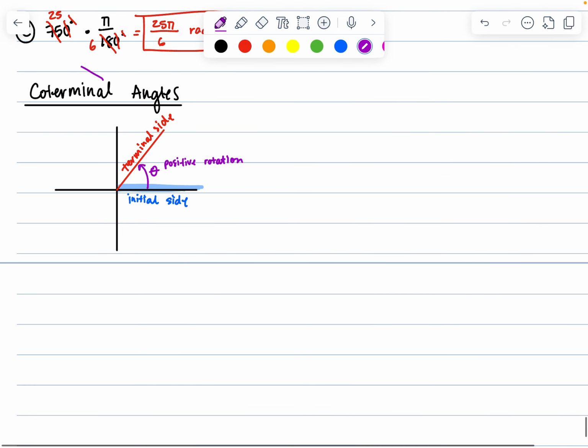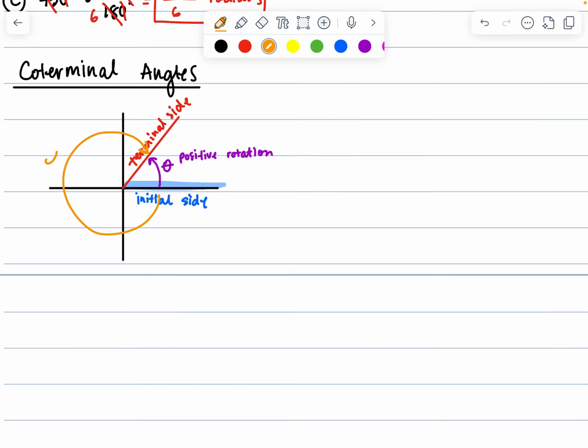However, a coterminal angle means an angle that lands in the exact same position as another angle. So if I took, for instance, the negative rotation around, and I call this angle alpha, then alpha and theta in this particular instance are both coterminal angles because they are landing in the same position.